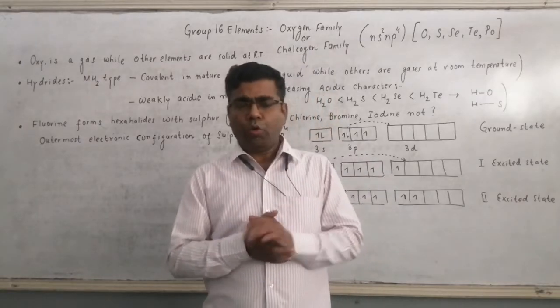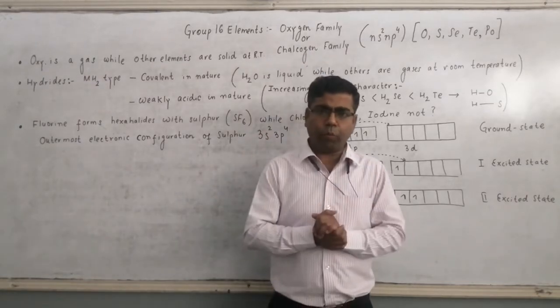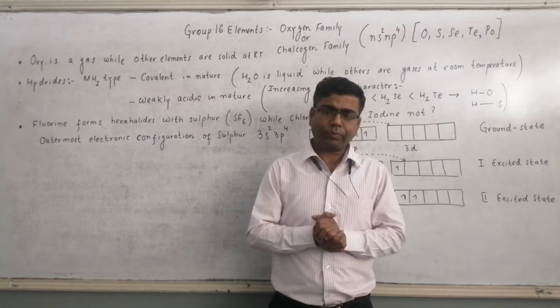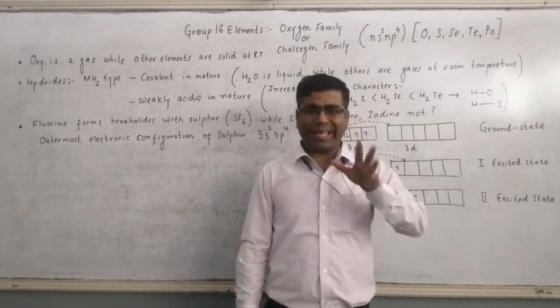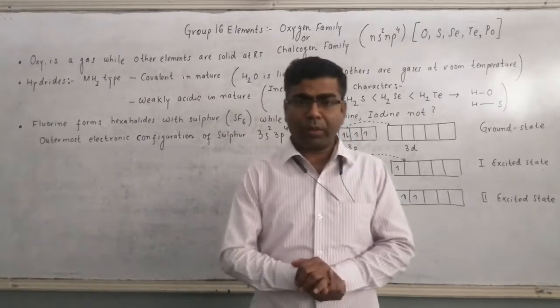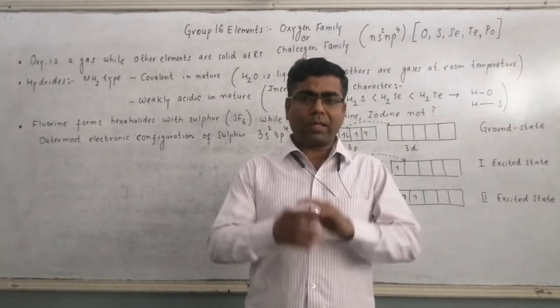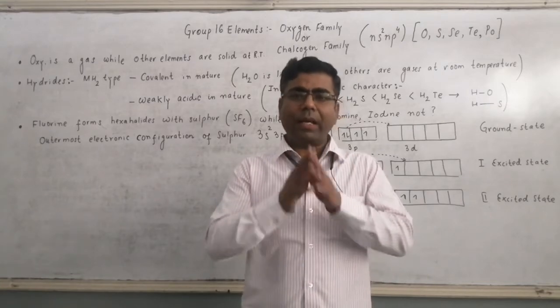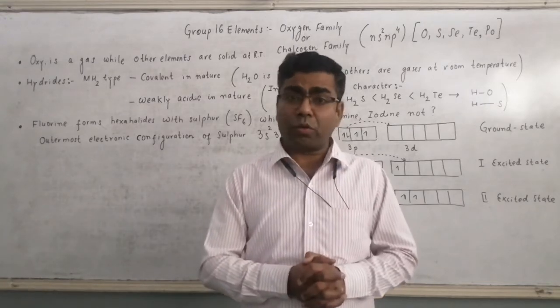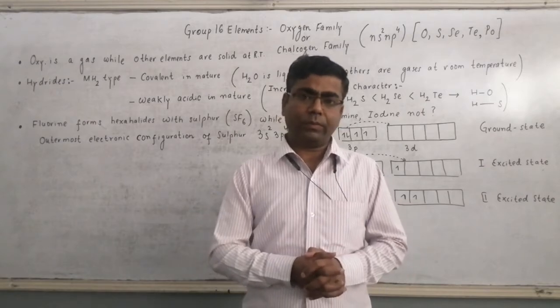There, you have to remember one more point, that nitrogen belongs to second period. So its valence shell is second shell having electronic configuration as 2s2 2p3.